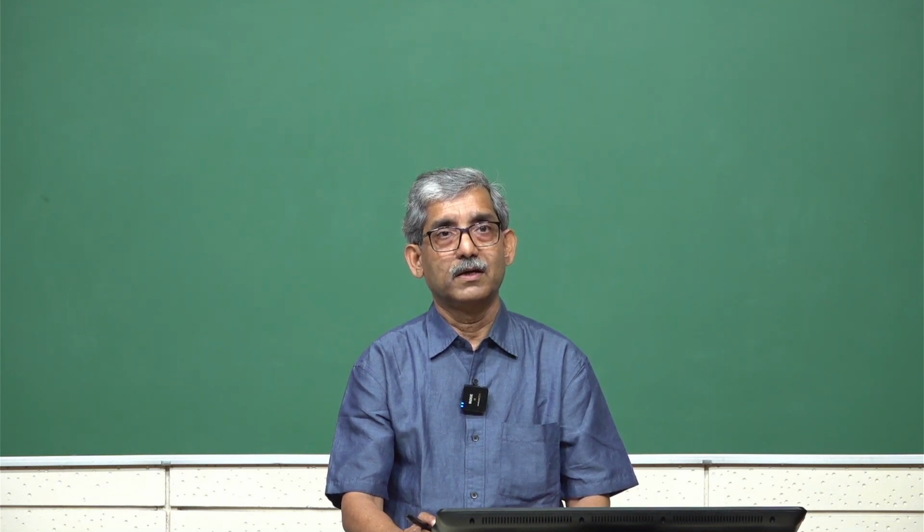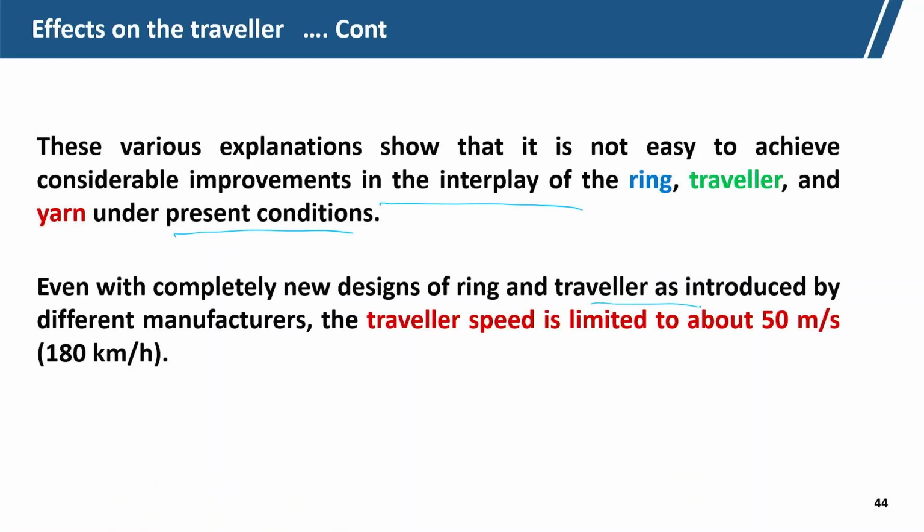So, even with the completely new design of ring and traveller as introduced by different manufacturers, the traveller speed limit is approximately 50 meters per second. So, that is the limitation. That is why in ring spinning the limitation of speed is the limitation of traveller speed. The traveller sliding speed we cannot increase too much.